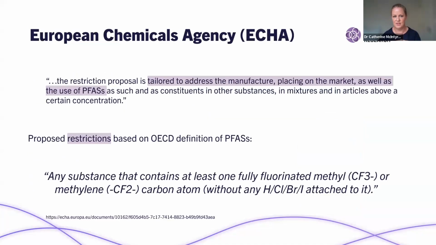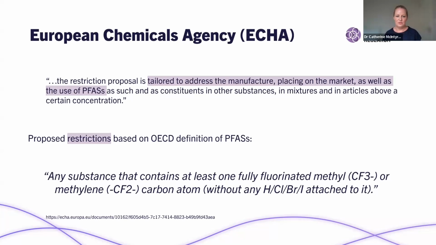Now the European Chemicals Agency are looking at this, and what they are proposing is to restrict the use of PFAS. The aim here is to address the manufacture, placing on the market, as well as the use of PFAS. So they're looking at the top of the supply chain, as opposed to the drinking water end of the chain.